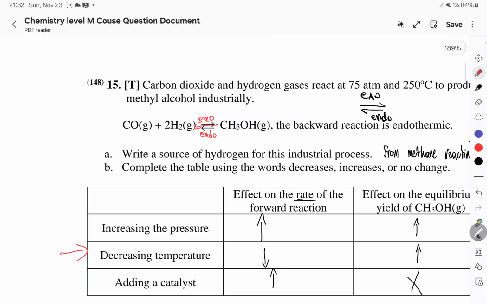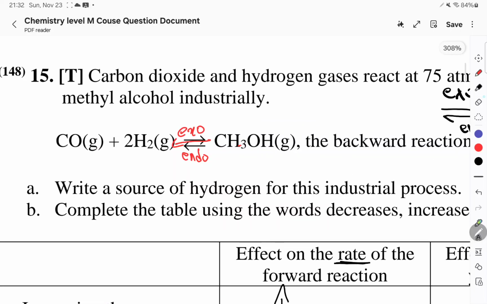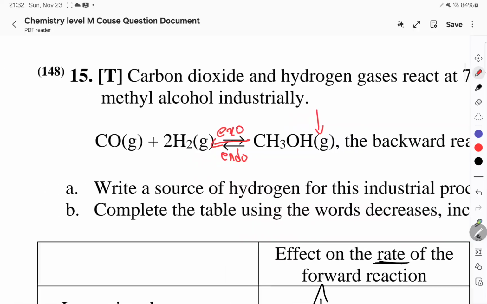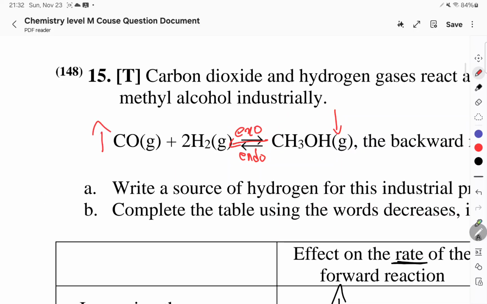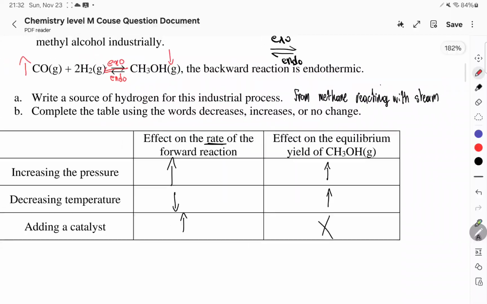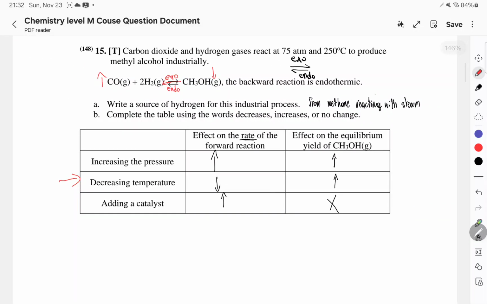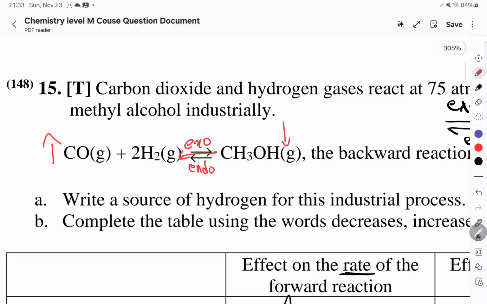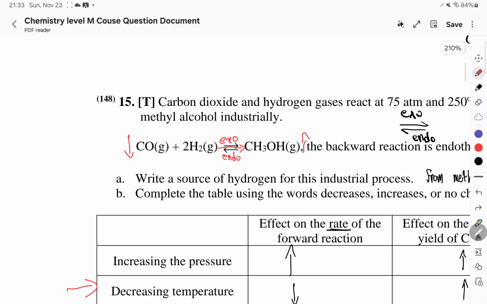So when it's going from right to left, the product decreases and the reactants increase. Wait a second. Sorry, I put the wrong direction here. It's the opposite side. Here this increases, here this decreases. I mixed up. I forgot that endo is backward, not forward. So it goes from left to right, not right to left.